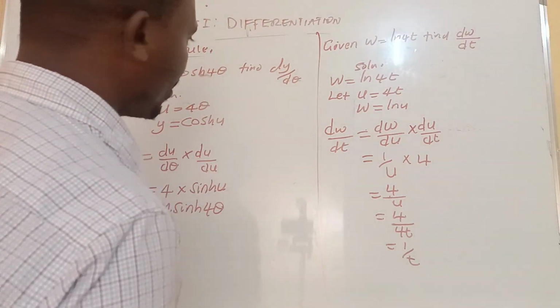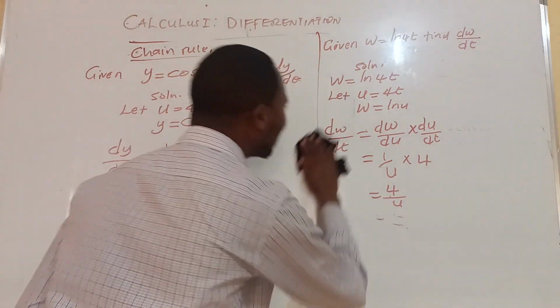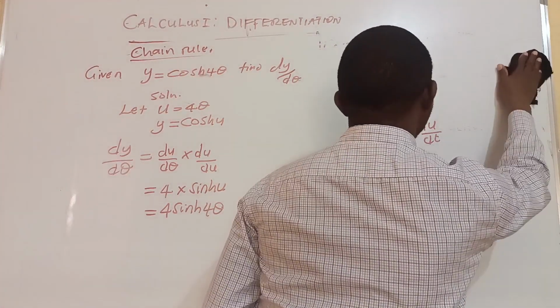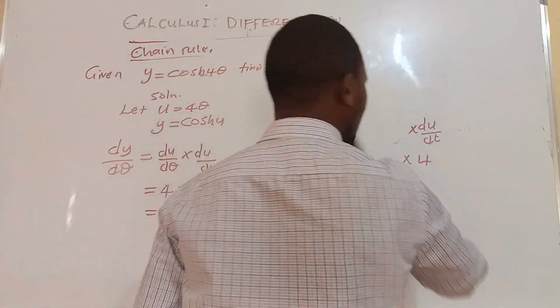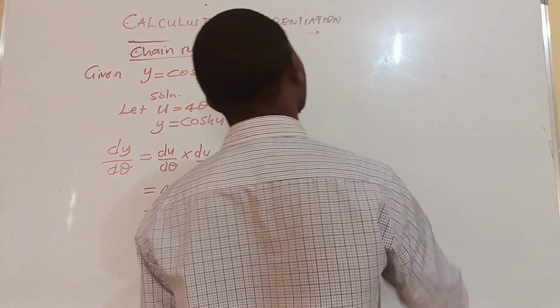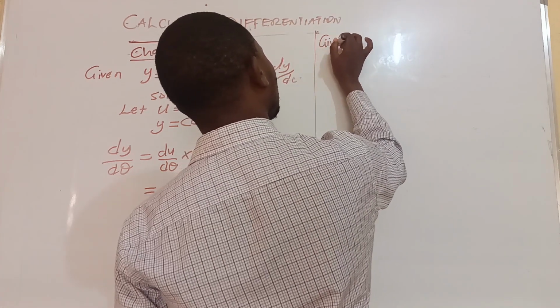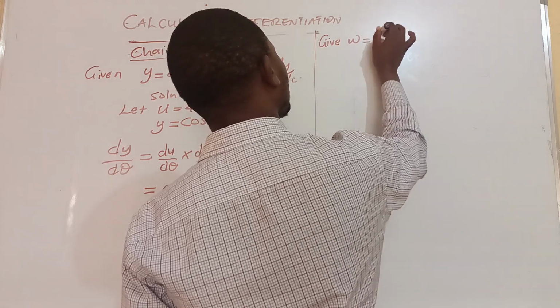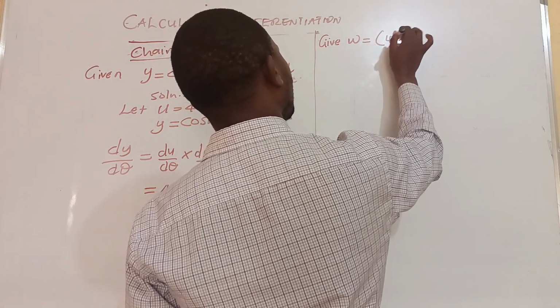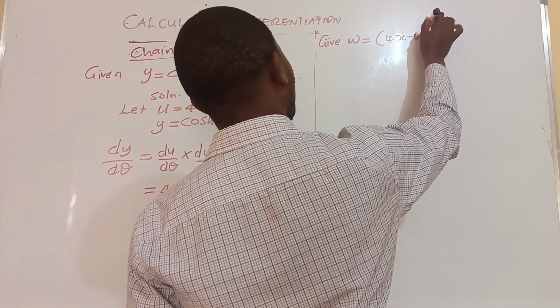Now let us move on and do the last one. What if we encounter algebraic functions? Like, we are told, given w is equal to (4x minus 6) to the power 5.